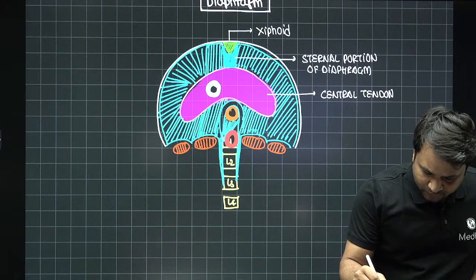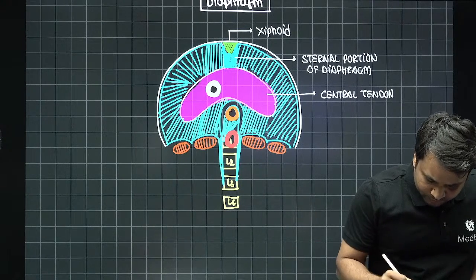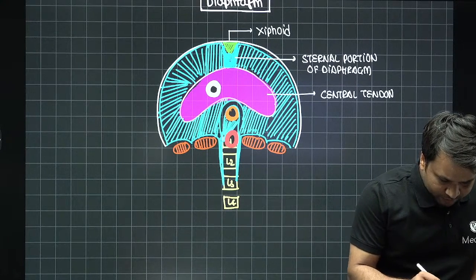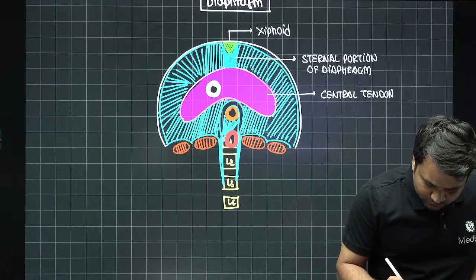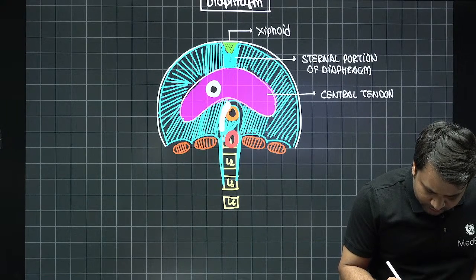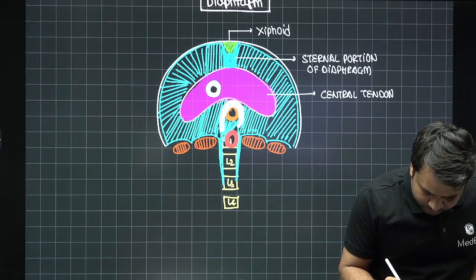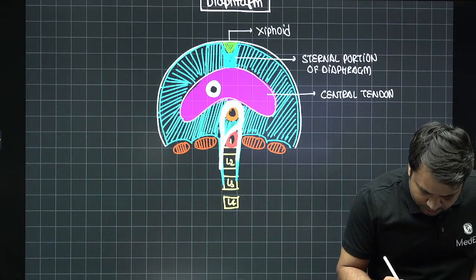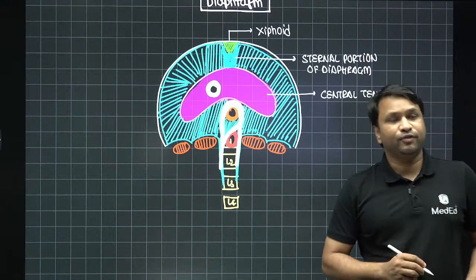Now for the sake of understanding, if I highlight this area, this is what we call the crus of the diaphragm. This is the exact condensation that you will see, the right and the left crus of the diaphragm, right?